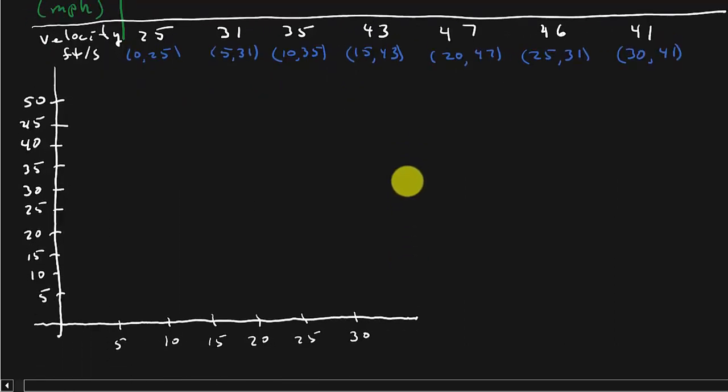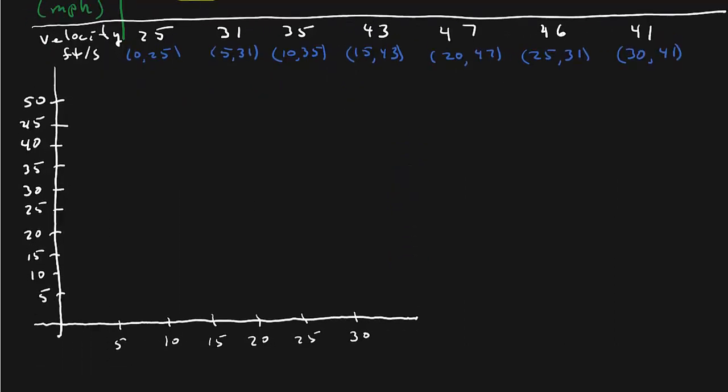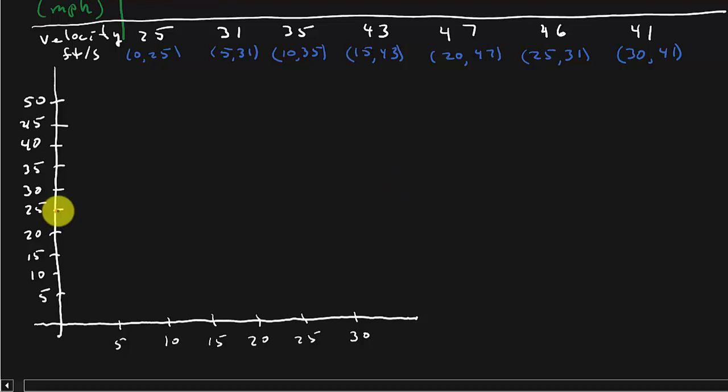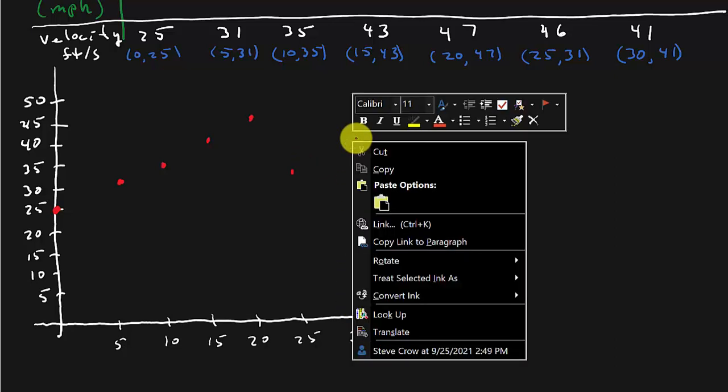So let's plot these. We've got 0, 25, 5, 31. I'm going to estimate them the best I can. 10, 35, 15, 43, 20, 47, 25, 31 is about right in there, and then 30, 41 is about right in there.